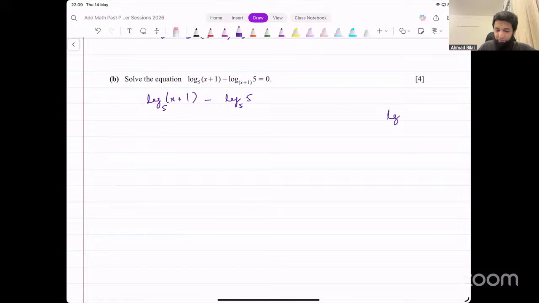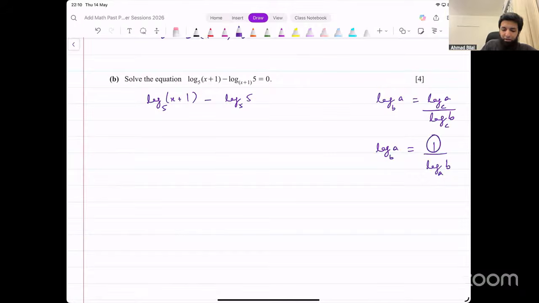So for example, let me write that down on the side. If you have log of a with base c, that's the same thing as log of a with base c, if you want to use change of base law like this, divided by log of b with base c. But if we just want to switch these numbers, you can also just do 1 over log of b base a, because in the numerator, you will always get 1 in this case if you want to just flip the two numbers.